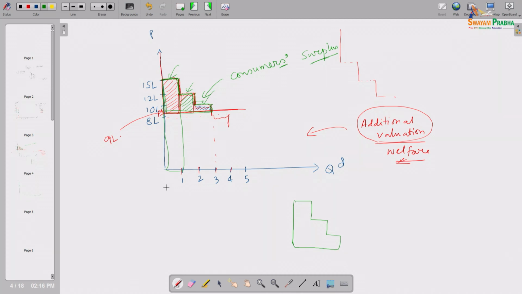This is the most efficient consumer, in the sense that he values this commodity most among all possible customers prevailing in the market. Exactly the same way, this is the second highest efficient customer, and so on.